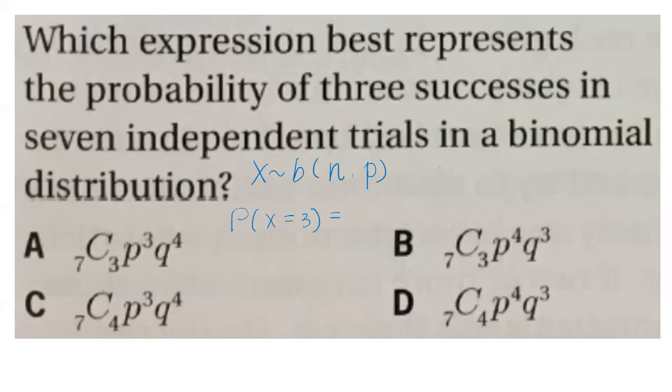In 7 independent trials, that means n is 7. So here, according to the binomial formula, we have C(7,3) p^3 q^4, right? Q here is 1 minus p. So the correct option is A.